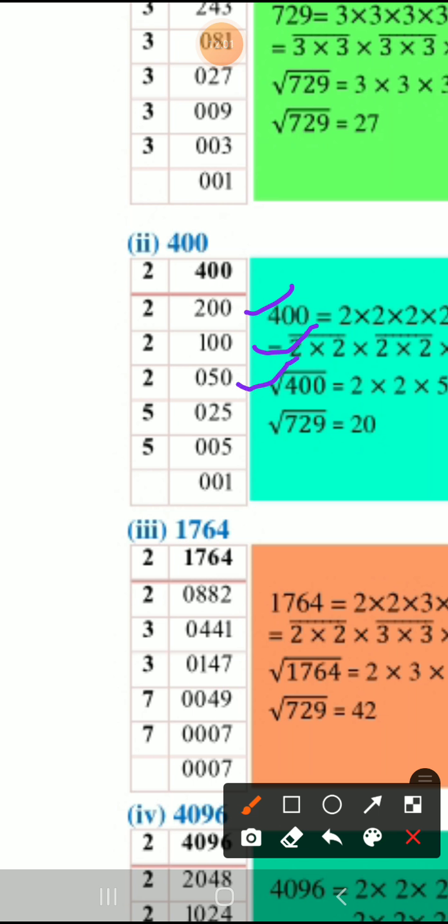Then 5 0 1 you keep as it is, 225 is 50, and 0 2 is less than 5, so here we take 5, so 0 0 5, 5 is 25, so 5 1s are 5. Got it? Look here.